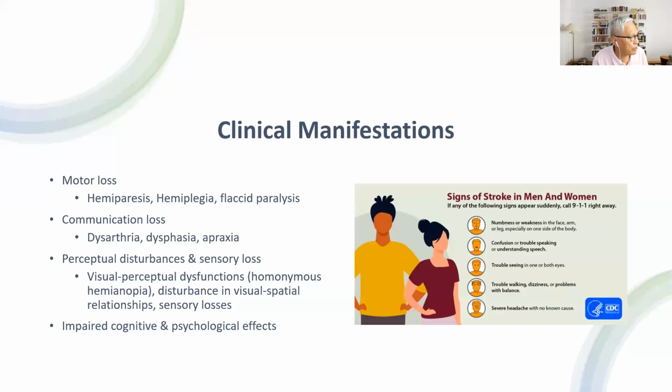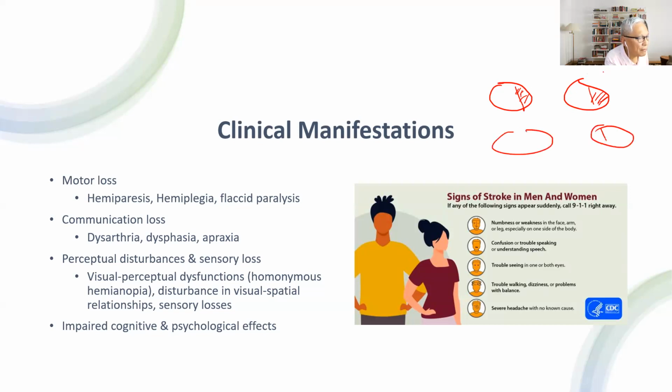And lastly, we will have perceptual disturbances and sensory loss, which means to say that you can have homonymous hemianopia. And hemianopia is merely going to be a loss of vision in one field. So, for example, right over here and right over here. So both right is going to be affected, or both left is going to be affected.